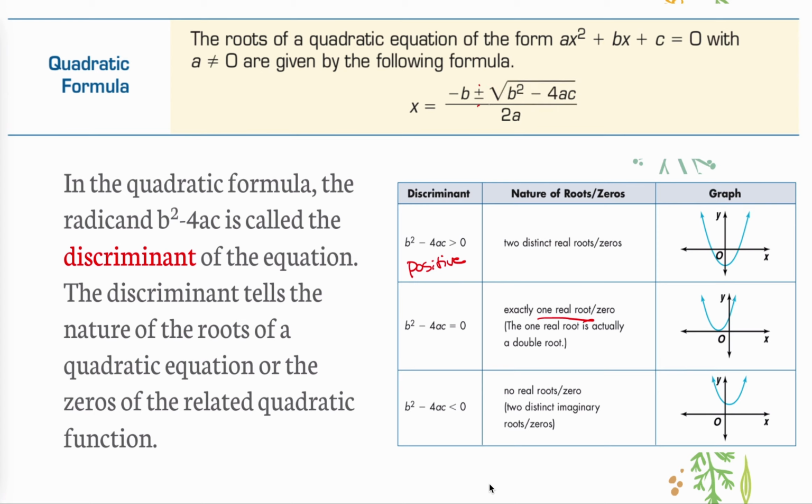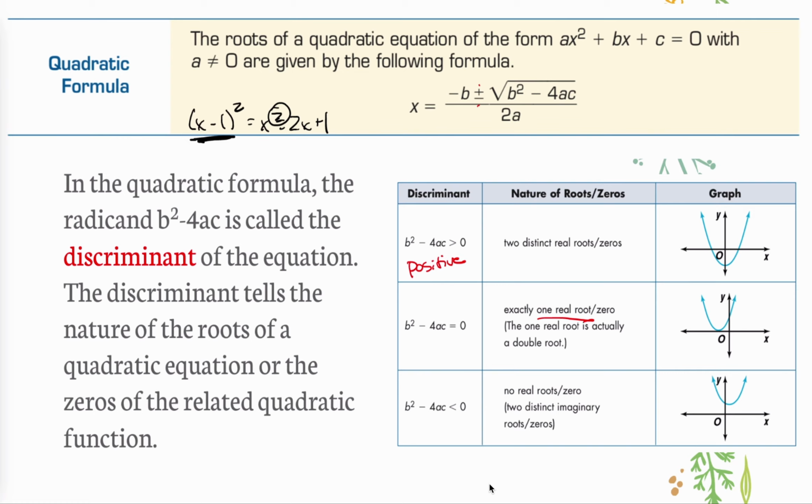So when we say that a polynomial function has as many roots as the degree, that includes double roots, right? If I have x minus 1 squared, that's x squared minus 2x plus 1, that's a degree 2 polynomial, but it's only got 1 real root.